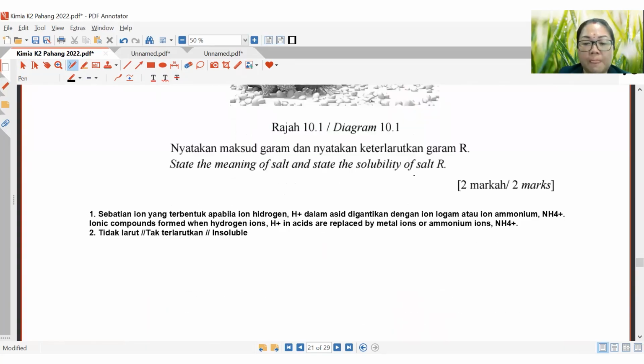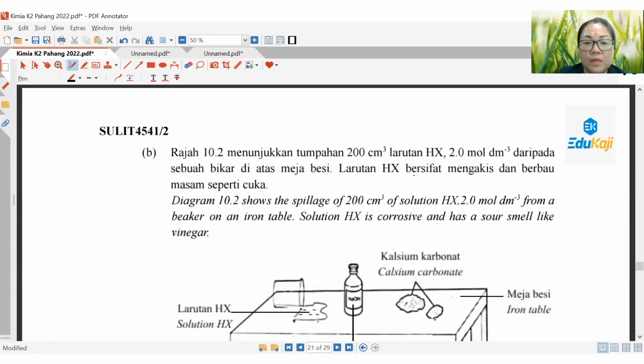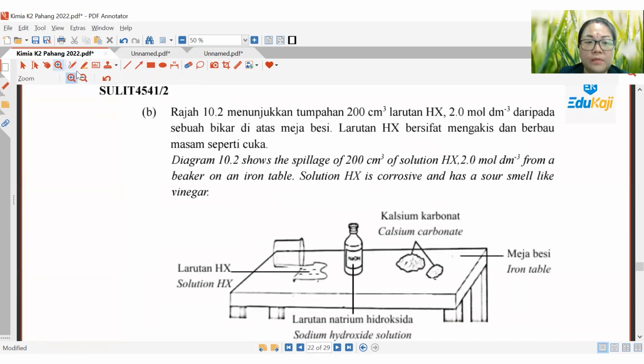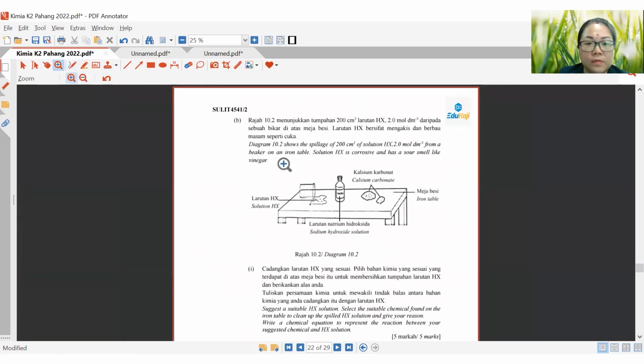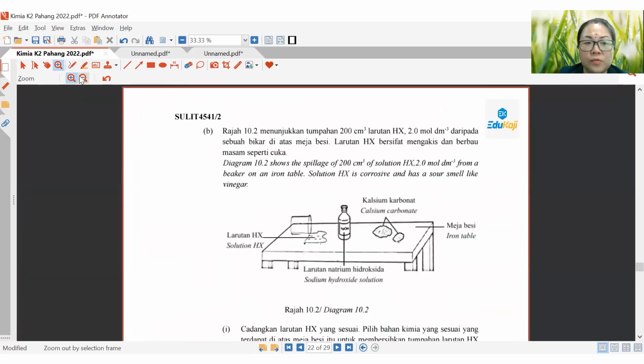All right. Now, let's look at question B. 10.2 shows the spillage of 200 cm cube of solution HX, 2.0 mol per dm cube, from a beaker on an iron table.